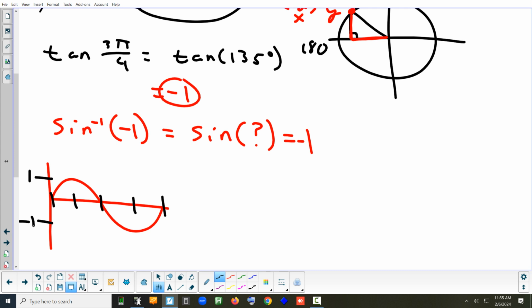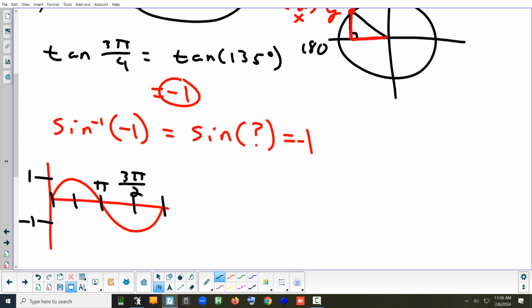At pi, it hits 0. That's where it hits 0. 3 pi over 2. Yes, that is where you hit negative 1 in the first cycle.